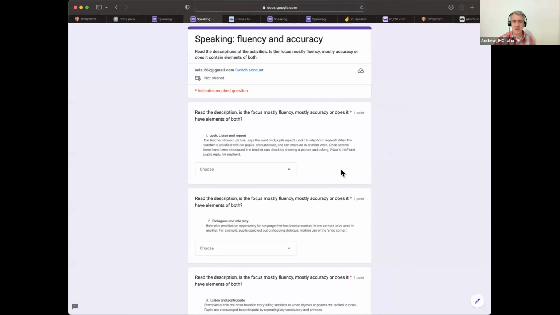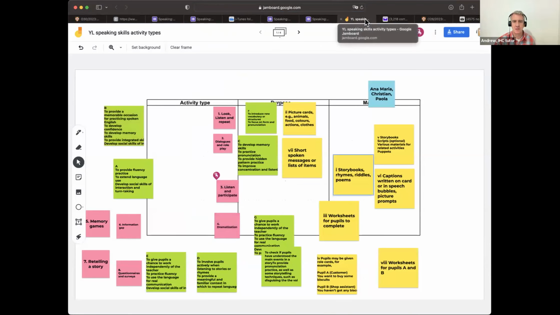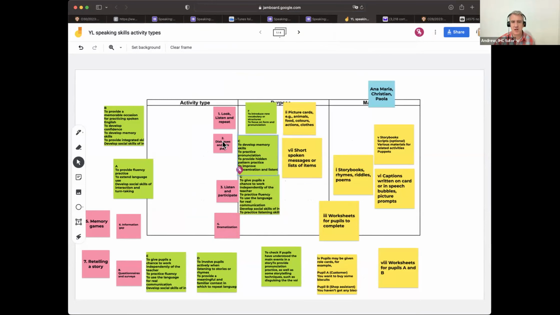And you need to have open the Jamboard. What we're currently working on is on the Jamboard, and we're trying to match the activity type with its purpose, or propósito, and the materials. Okay. So I'll give you some minutes to work on that together. 6 should be enough.